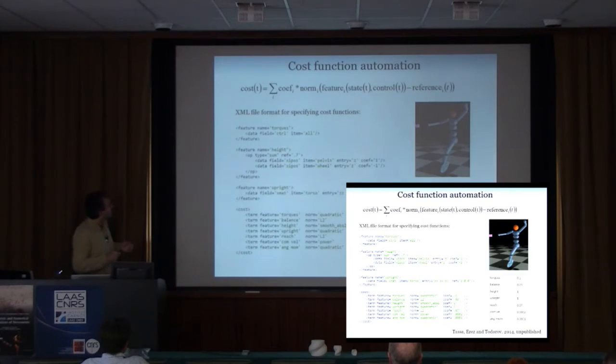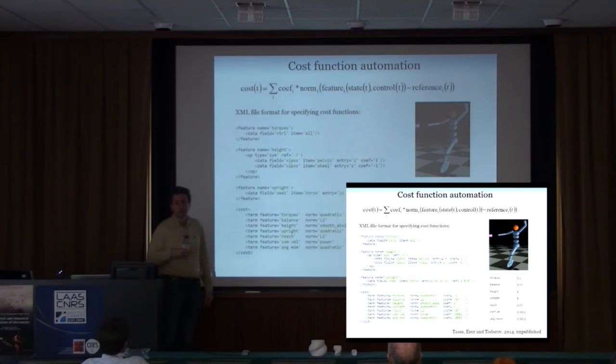So having realized that, we actually developed a machinery to experiment with these things very quickly. We realized that most cost functions that we and others use in practice are in this general form. You have the state of the system, you have the control signals. You define any function of those two things, you call a feature, whatever that is, some quantity of interest that you believe is important. You specify a reference value for that feature, and it may change over time.